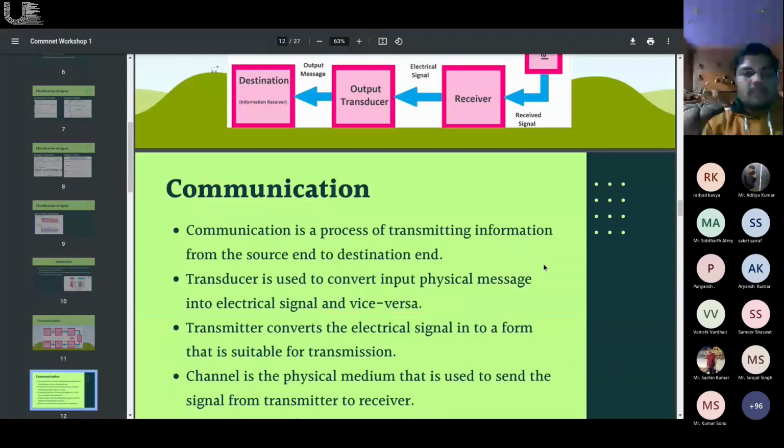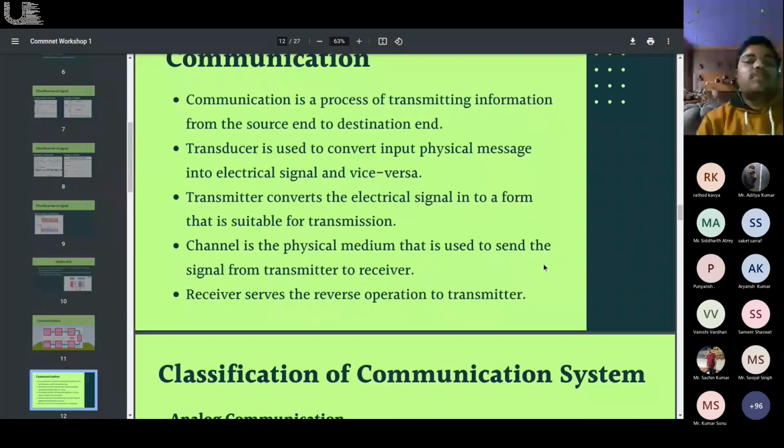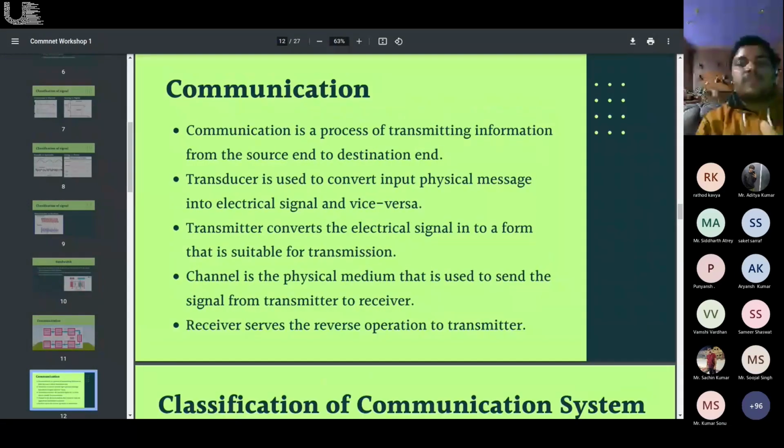What is communication? It is just a process of transmitting information from the source end to the destination end. A transducer is used to convert the input physical message into an electrical signal and vice versa. Just let me ask you, in case of optical fiber, we are converting the input physical message into which signal?